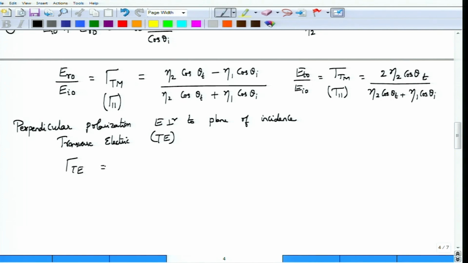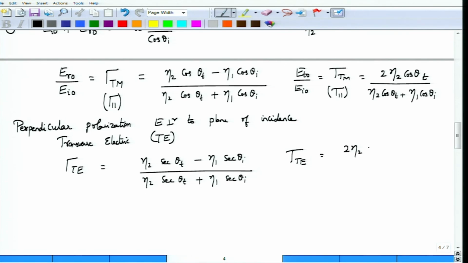And you can see that the reflection coefficient, as you can derive it, will be equal to eta 2 secant theta t minus eta 1 secant theta I divided by eta 2 secant theta t plus eta 1 secant theta I. The transmission coefficient for the TE case is also given by 2 eta 2 cos theta I, okay, divided by eta 2 cos theta I plus eta 1 cos theta t, okay.